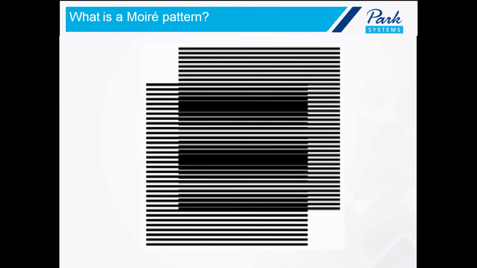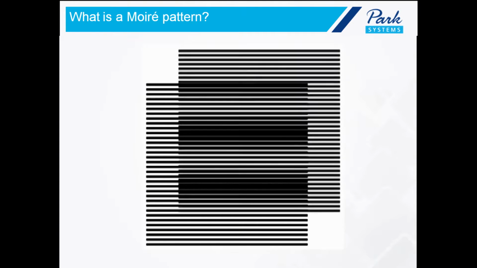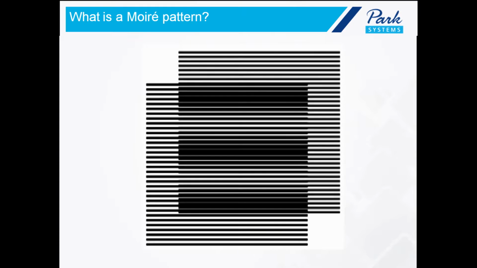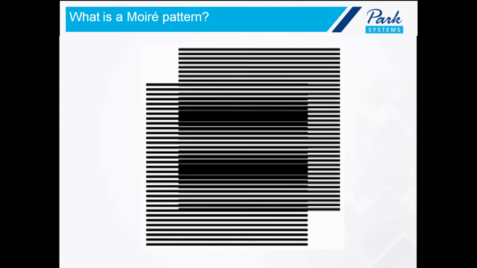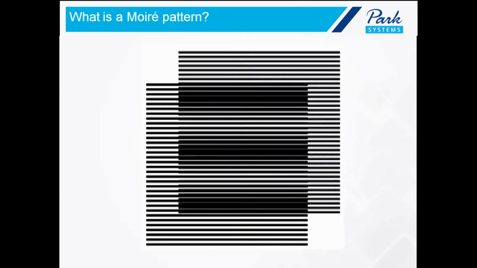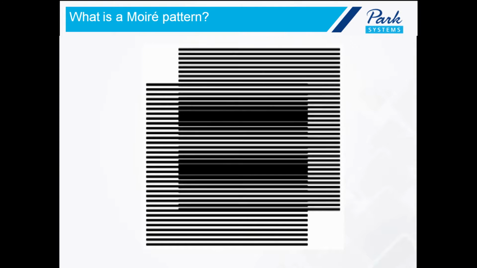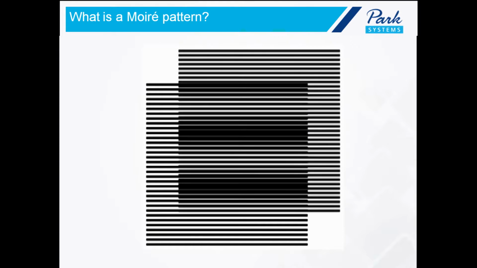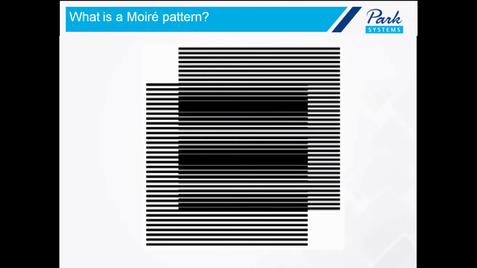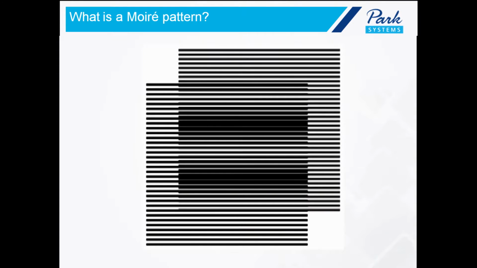But first, I wanted to start off with, what is a Moiré pattern? A Moiré pattern is a large-scale interference pattern that appears when two monolayers, in this case two sets of horizontal lines, are moved on top of one another and create a secondary visual pattern wherever they overlap.